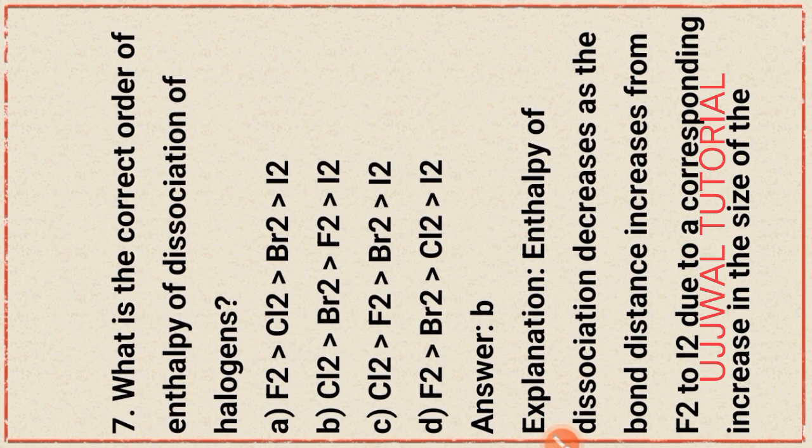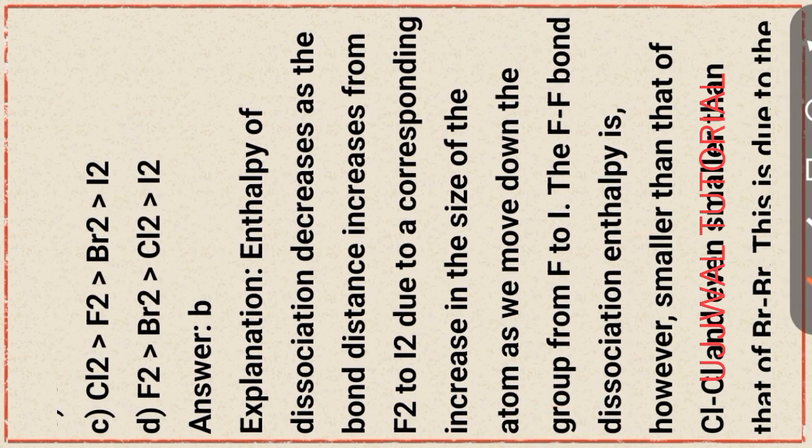Next question, question number 7: What is the correct order of enthalpy of dissociation of halogens? Option B, that is chlorine greater than bromine greater than fluorine greater than iodine. To explain, enthalpy of dissociation decreases as the bond distance increases from fluorine to iodine, due to the corresponding increase in the size of the atom.